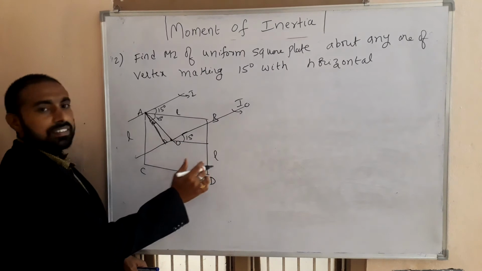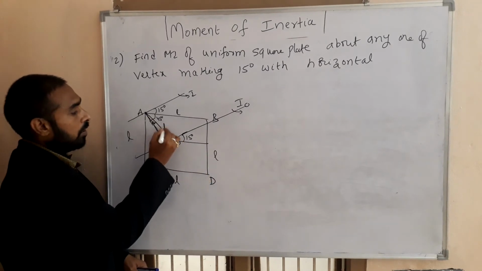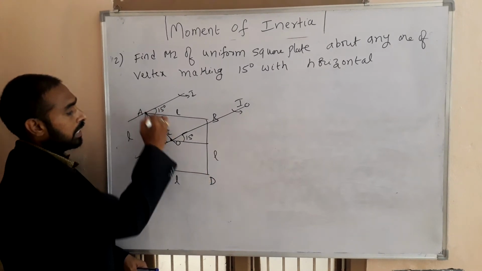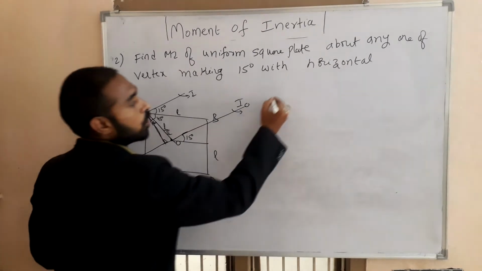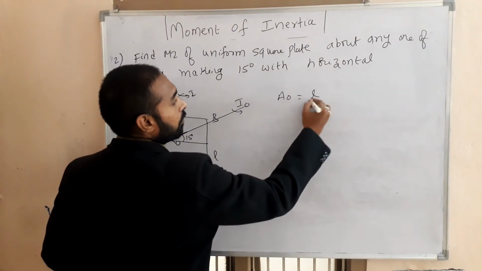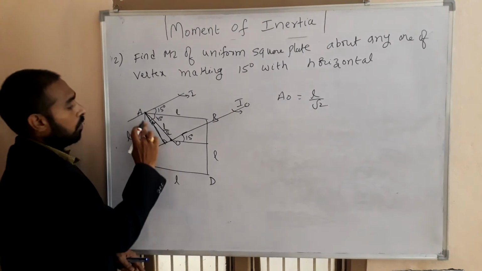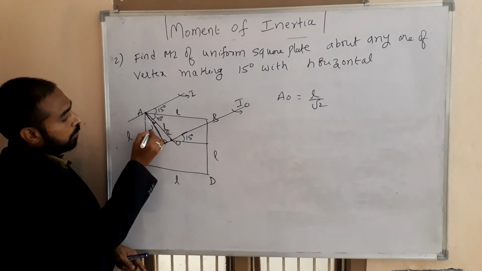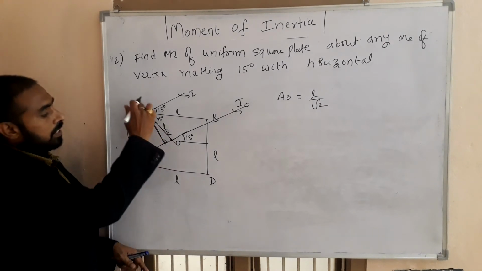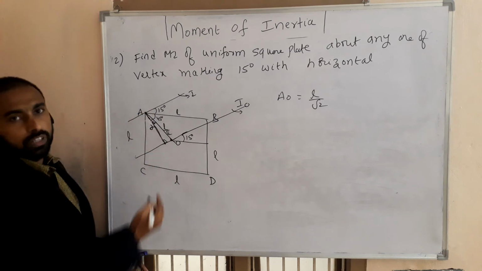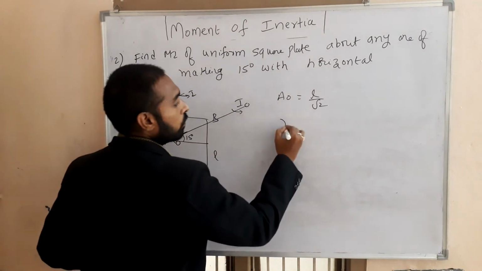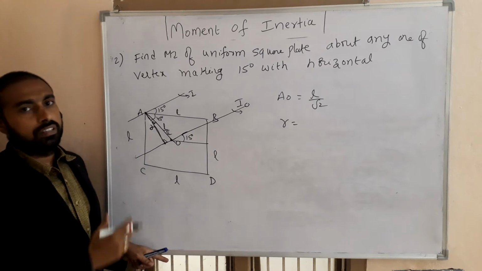See, this side length is L, and what is the AO value? AO value is L by root 2. Now, what is the distance between both the axes? What is the distance? R equal to, what is A?